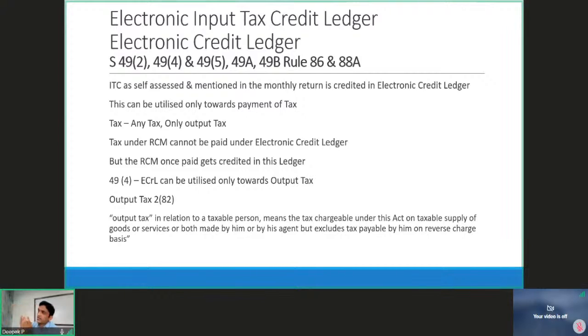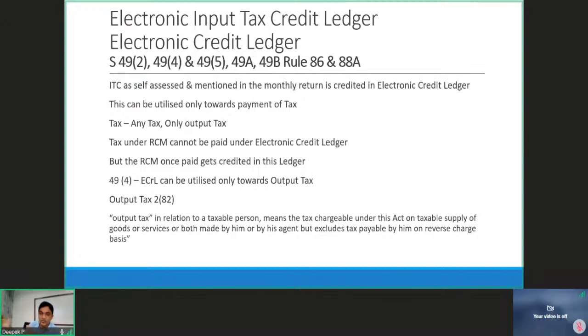Now this credit I will utilize. What's the point? The GST process itself said that you will not have a cascading effect. You will not pay tax on tax again. So whatever tax you have paid to your vendors, you can utilize this for payment of taxes to the government. On a transaction of 100 rupees sale, I have to pay 18 rupees.